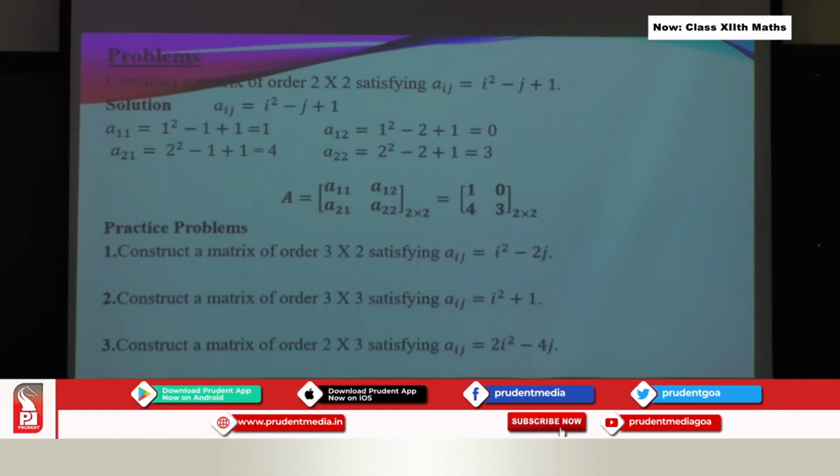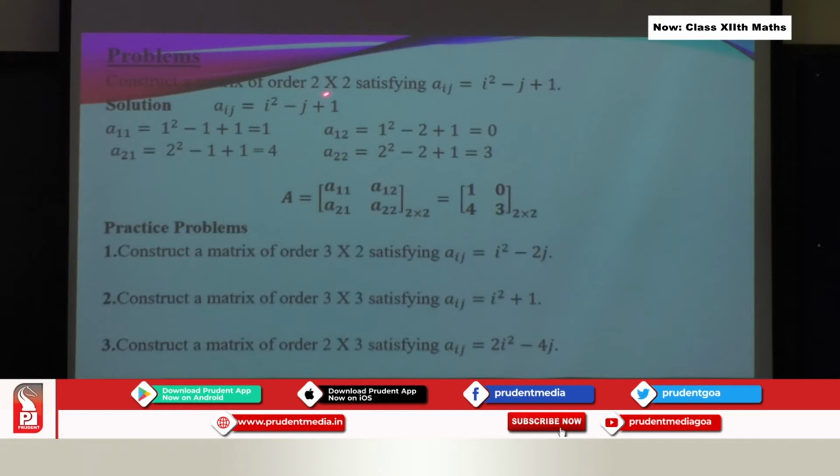Now let us look at the problems. Let us take the first problem: construct a matrix of order 2 by 2. Here I need to construct a matrix of 2 by 2, and see, the matrix generator is given to me, that is Aij equals i square minus j plus 1. Now over here, I explained to you all the different positions of these elements.